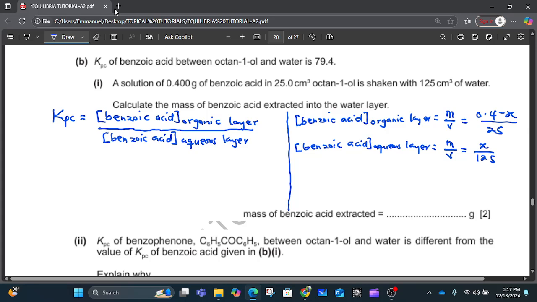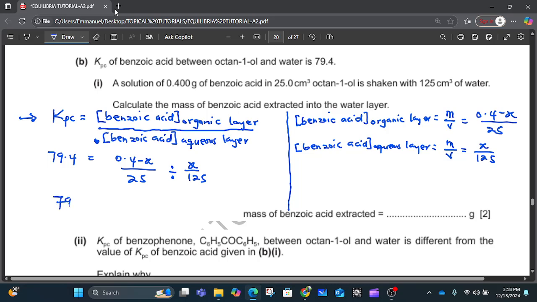Going back to our KPC equation, the KPC has been given as 79.4, and this is equal to the concentration of benzoic acid in the organic layer, which is 0.4 minus X over 25, divided by the concentration in the aqueous layer, which is X over 125.